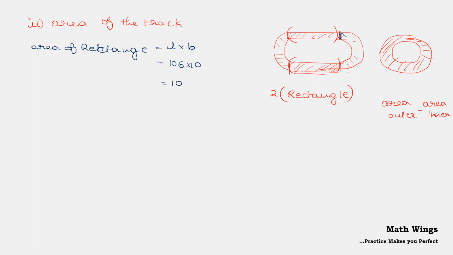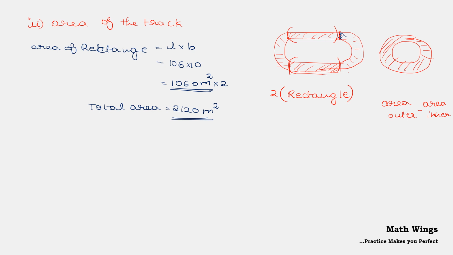So the answer is 1060 meters square. Therefore, we have two rectangles here. What's the total area of those rectangles? The total area of two rectangles is equal to 1060 into 2, that is 2120. Correct? It is area, so we have to write it as meter square.